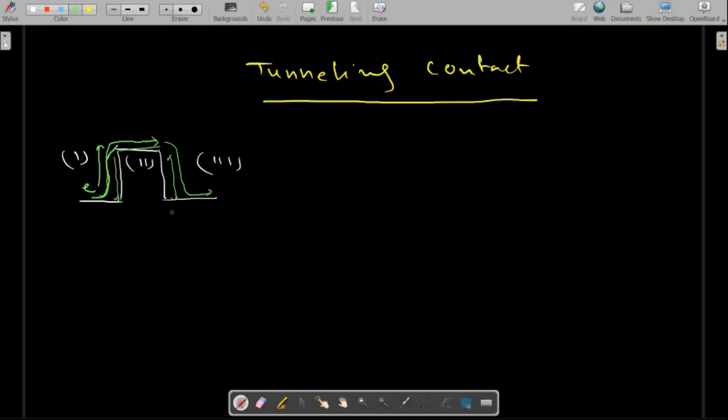But later, when quantum mechanics was discovered and formulated, electrons and holes are treated as a particle, not as a charge carrier.